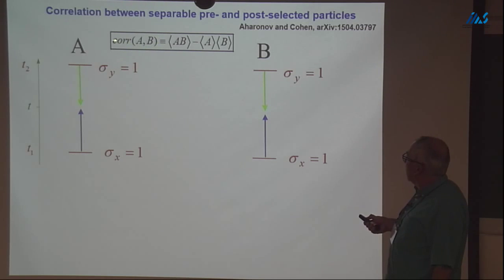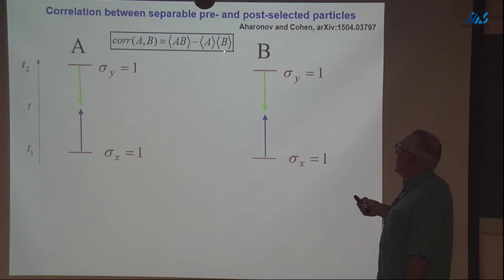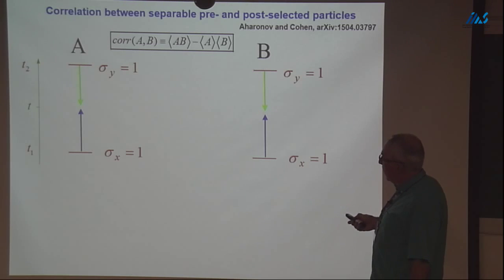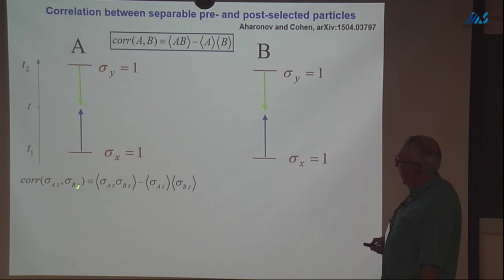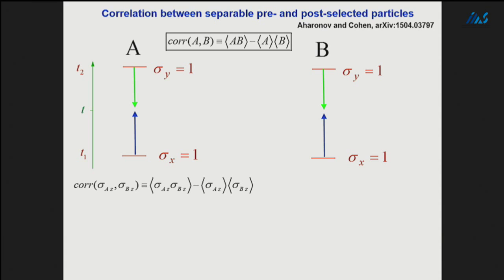How do we define correlation? He says this is the definition of correlation: the expectation value of AB minus the expectation value of A times the expectation value of B. Since they are separable, this is supposed to be 0. But again, look at sigma z, the spin in the z direction here.